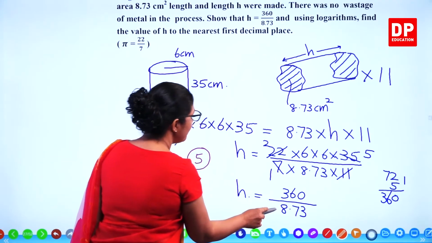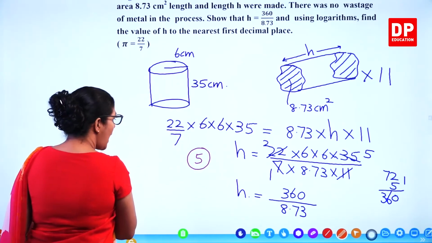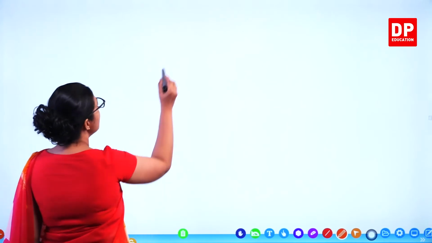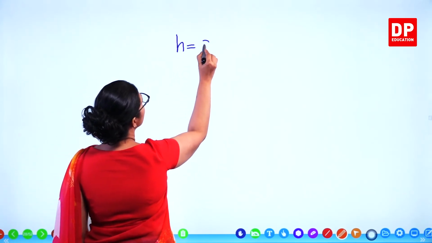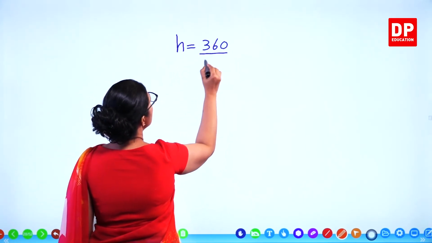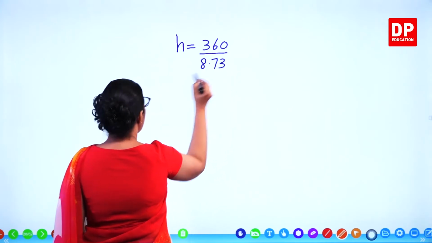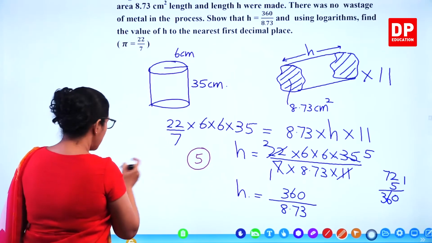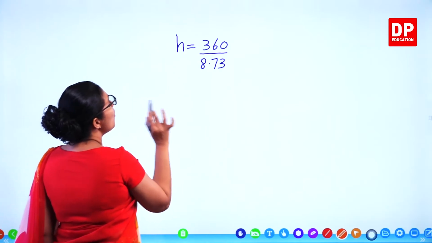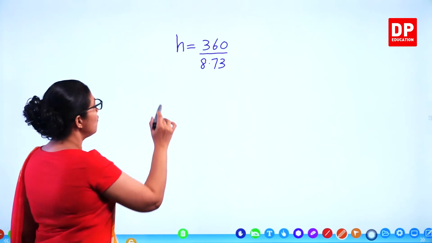So this one, we'll take it to the other side. 360 over 8.73. We'll double check. Now we have to use log for both sides.